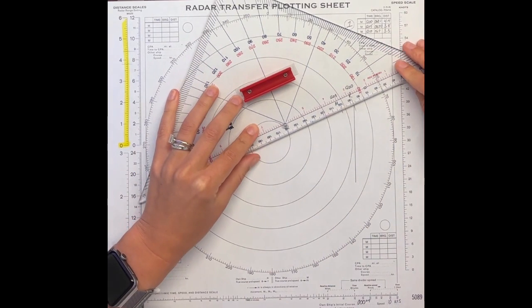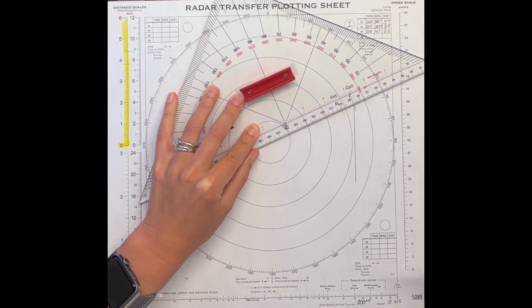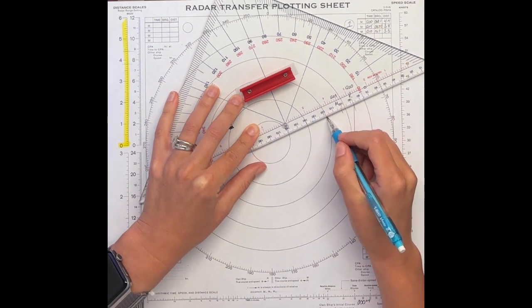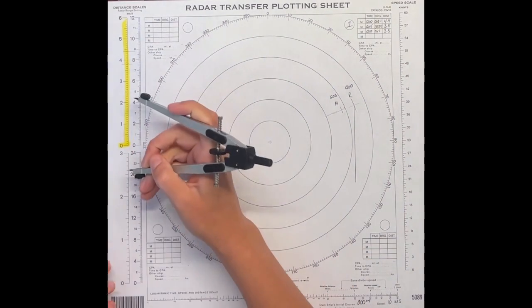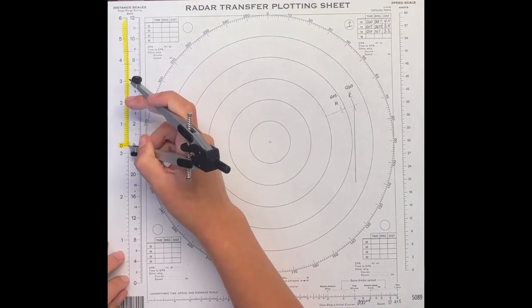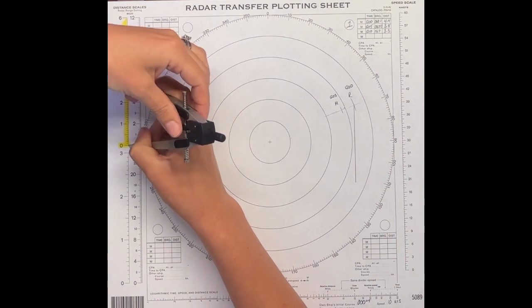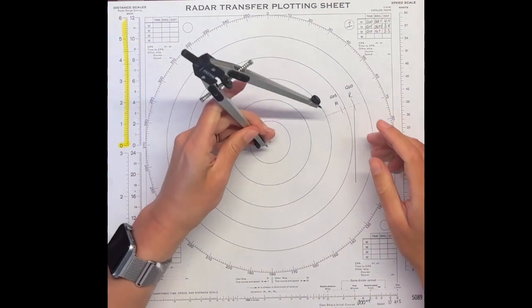So at 1210, we have another range and bearing. This target is at 1210 bearing 67.0 degrees true at a distance of 3.3 nautical miles. So I plot that, and this will be labeled my M2 with a time signature of 1210.